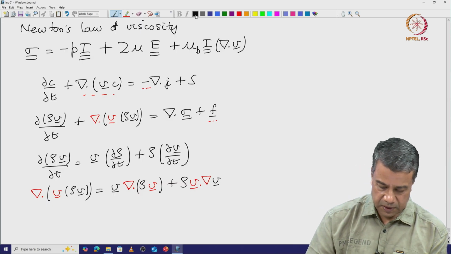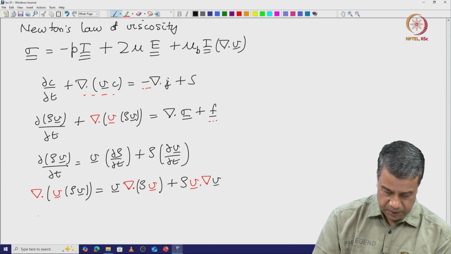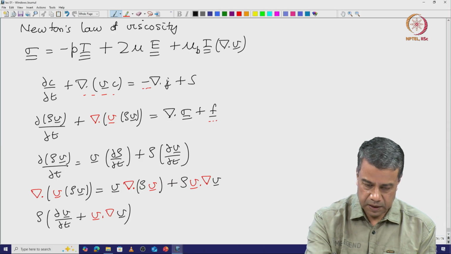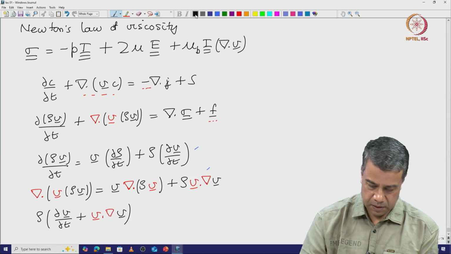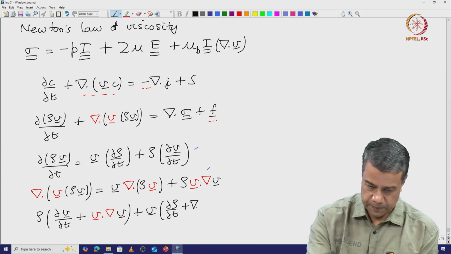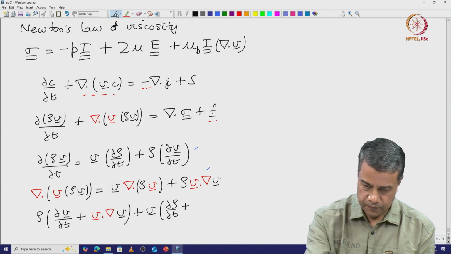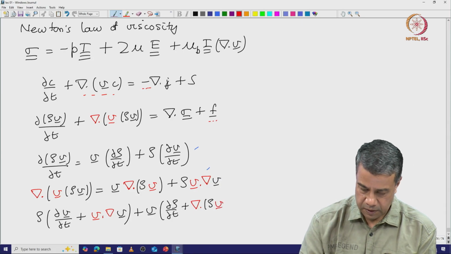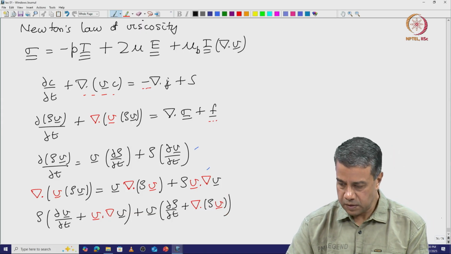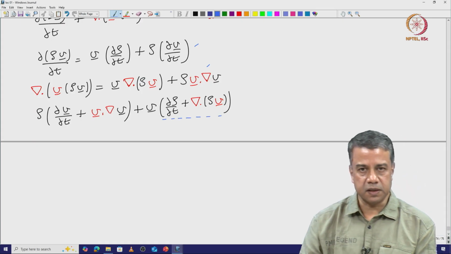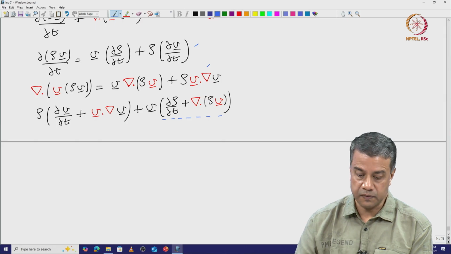And when I add these two together, I will get rho into partial V by partial t plus V dot grad V, that is these two terms here, plus V into partial rho by partial t plus del dot rho V. And this entire term here is 0 from the mass conservation equation.